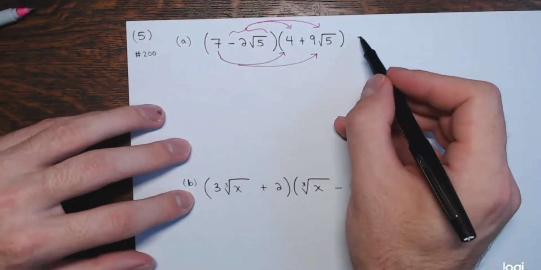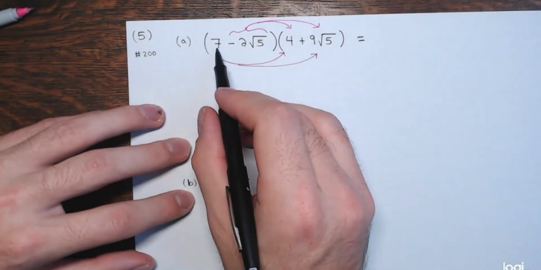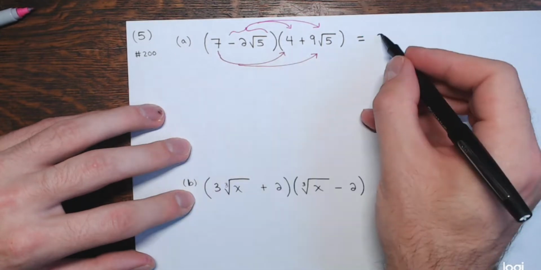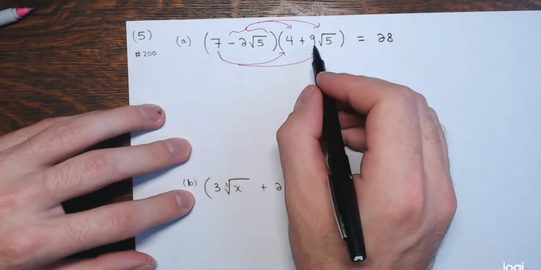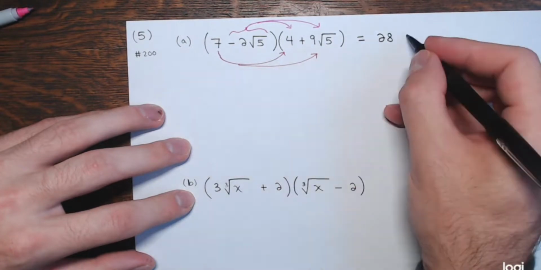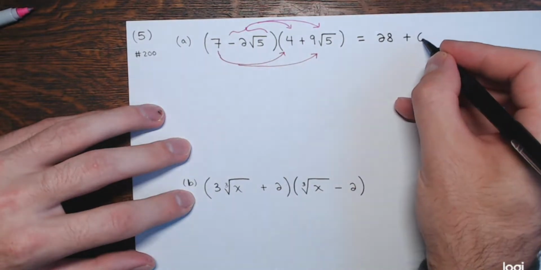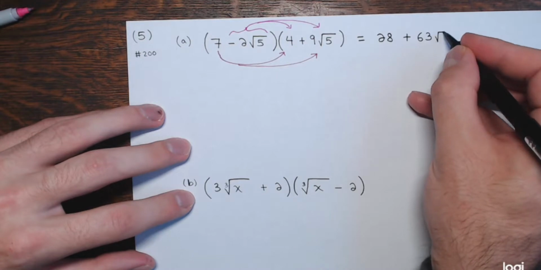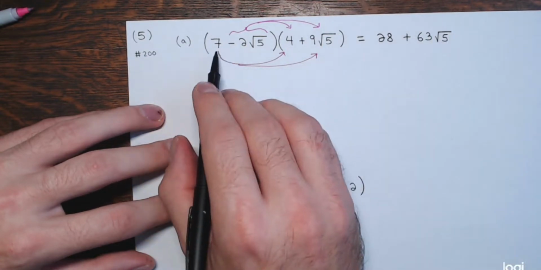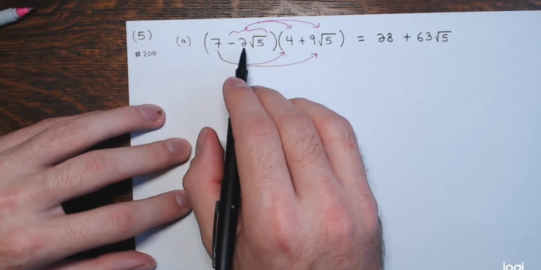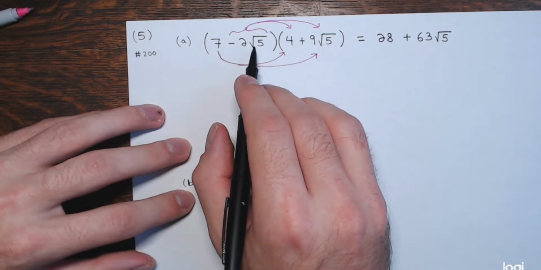Alright, so starting with the 7. 7 times 4 is 28. Then 7 times 9 times the square root of 5, that's 63 times the square root of 5, right? So plus 63 times the square root of 5. So now I'm done with the 7. Move over to the negative 2 times the square root of 5.